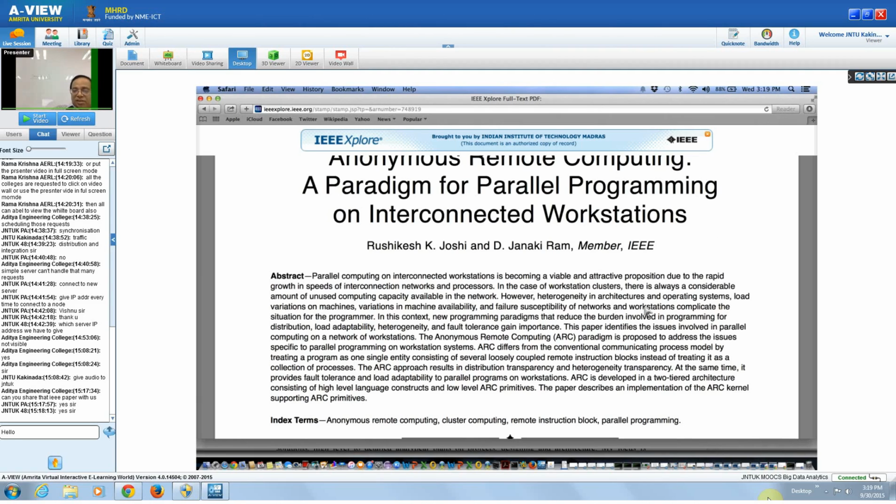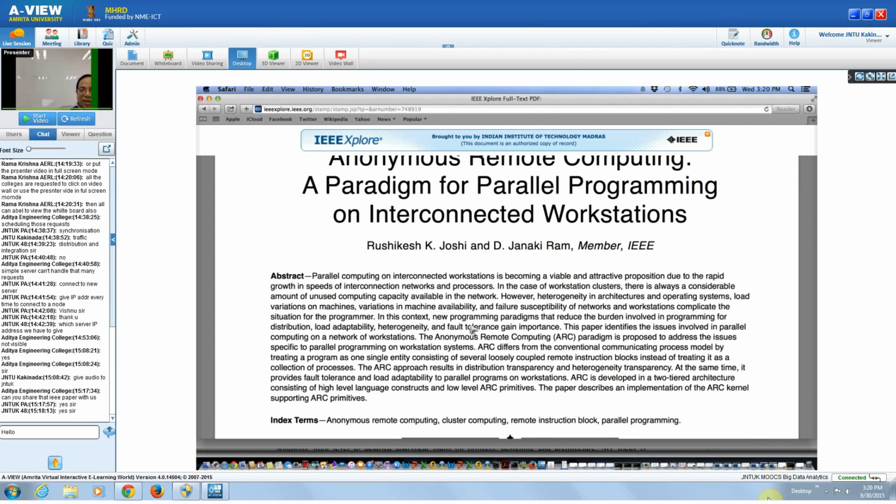In case of workstation clusters, there is always a considerable amount of unused computing capacity available in the network. However, heterogeneity in the architecture and operating system, load variations on machines, variations in machine availability, and failure susceptibility of networks and workstations complicate the situation for the programmer.